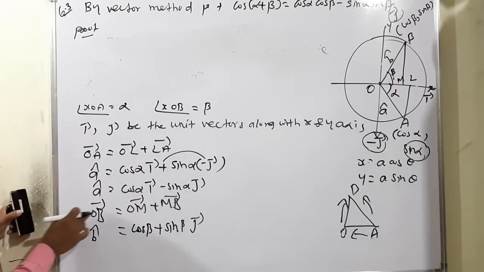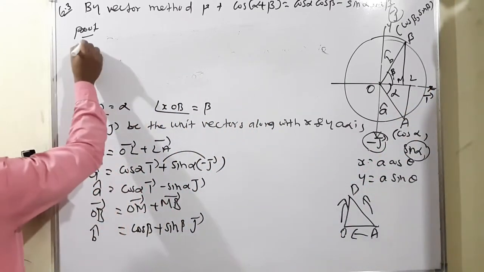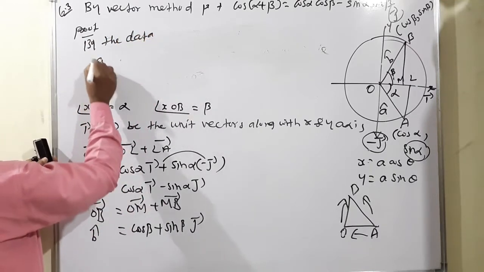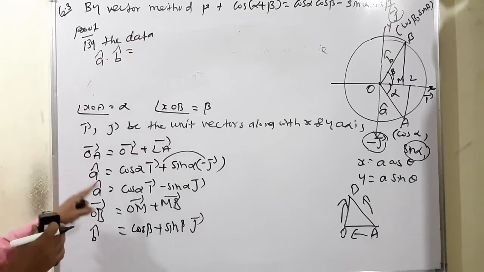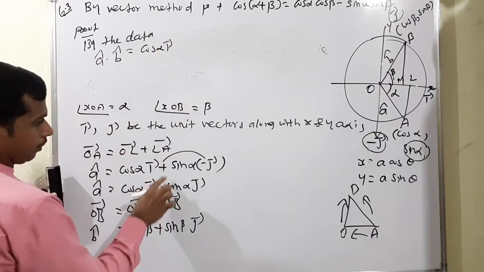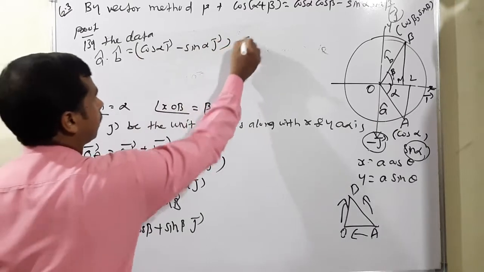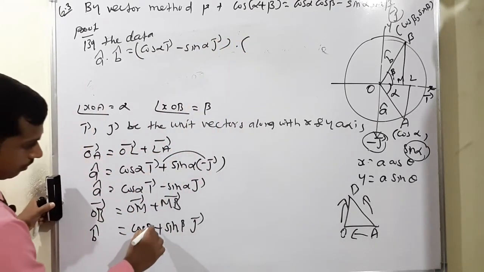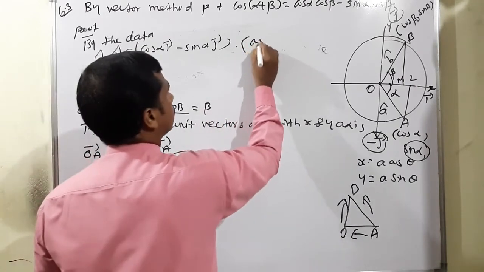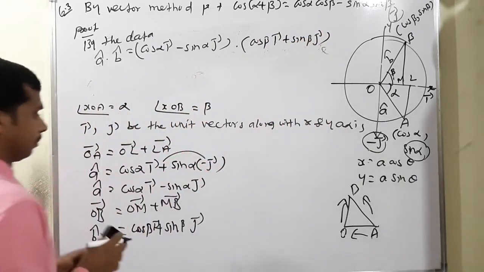By the data we have considered, each and every time we have taken one letter. So by the data, A cap dot B cap is equal to cos alpha i vector minus sin alpha j vector dot B cap, which is cos beta i vector plus sin beta j vector.